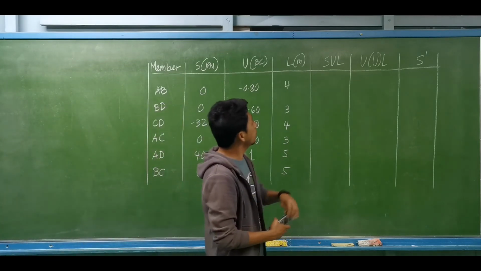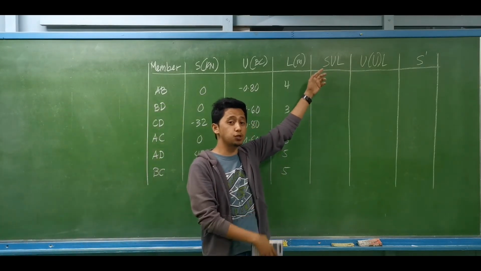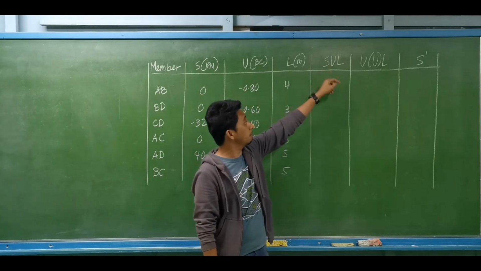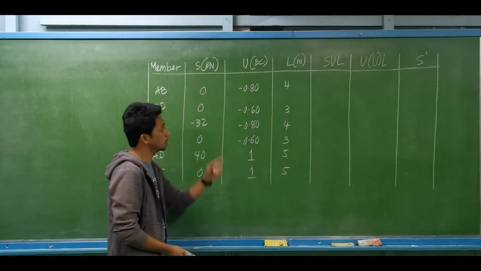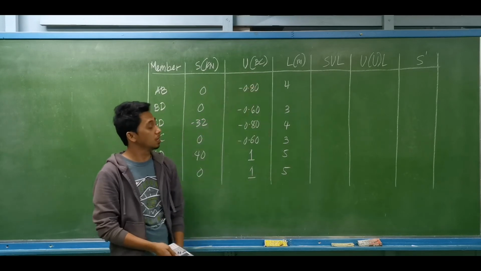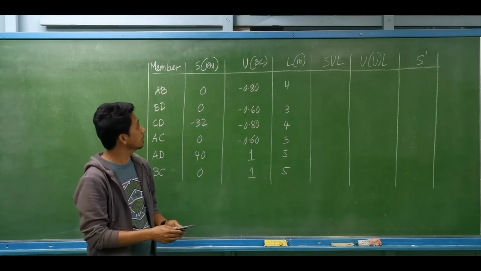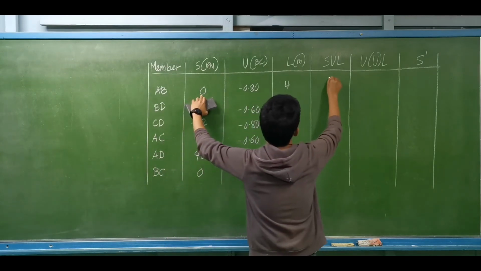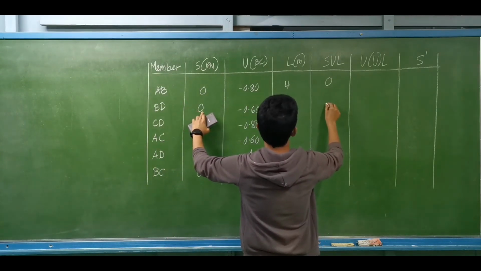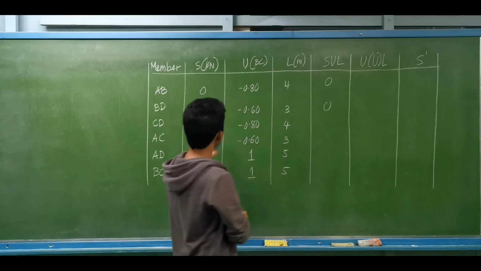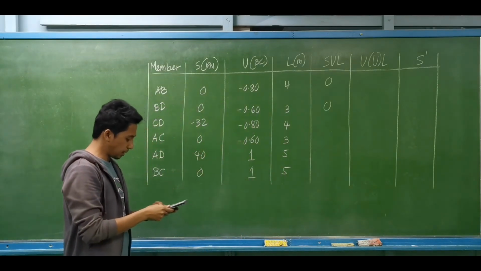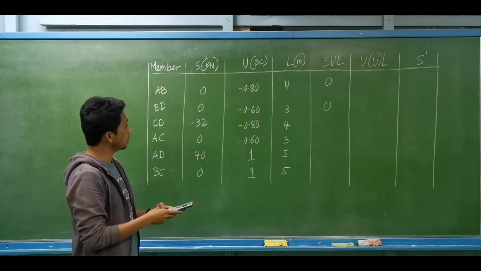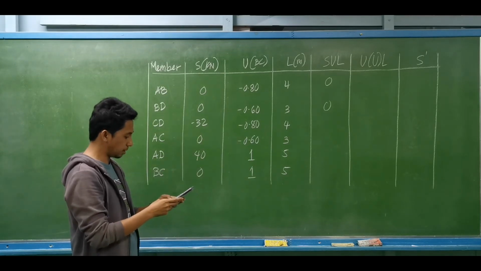The product of the axial force due to real load multiplied by the axial force due to the unit load, that is from the redundant BC, multiplied by the length. Since this is 0, we have 0, and this is also 0. Then we have negative 32 multiplied by negative 32 multiplied by 0.8 multiplied by 4.